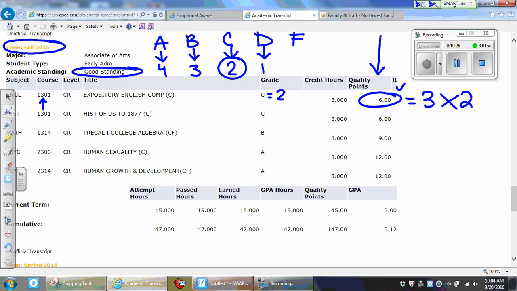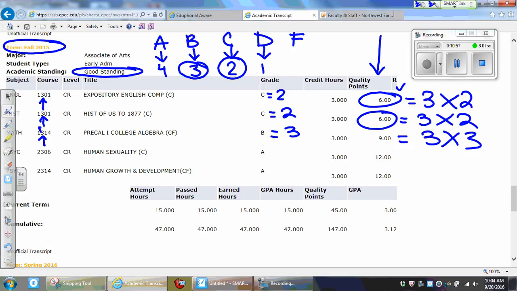Now for the next one, a C equals 2. This was also a 3-credit class. So they multiplied 3 times 2, and that's how they got the 6 here. Now, next class, Pre-Cal 1, is also a 3-credit class. The student got a B, and that is equivalent to 3 points. So the number of credits times 3, and that is 9.